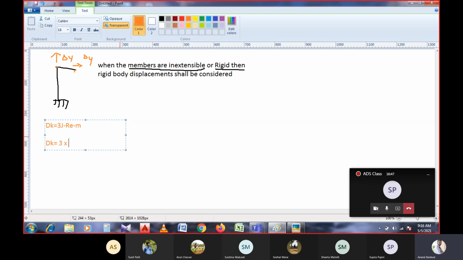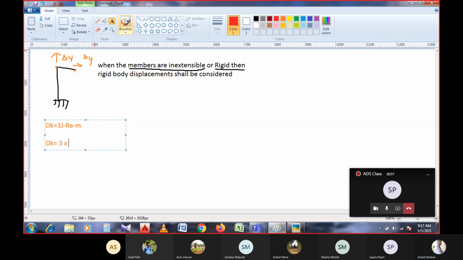So the degree of kinematic indeterminacy will be calculated now. How many joints are there? There are 3 joints. This is 1, this is 2 and this is 3. And how many reactions are there? There are 3.